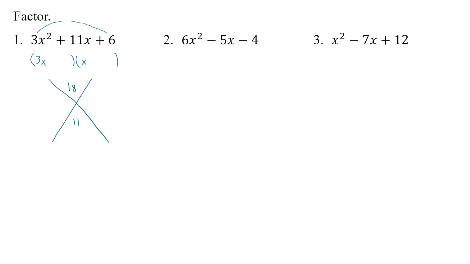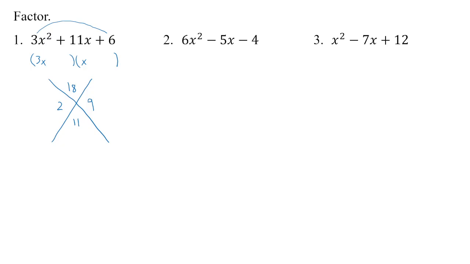So now what you're going to do is look for two numbers that you multiply to get 18 and add to get 11. And those two numbers are 2 and 9. 2 times 9 is 18, and 2 plus 9 is 11. So now you're going to take one of these two numbers and divide by 3, and you'll divide the other by 1.